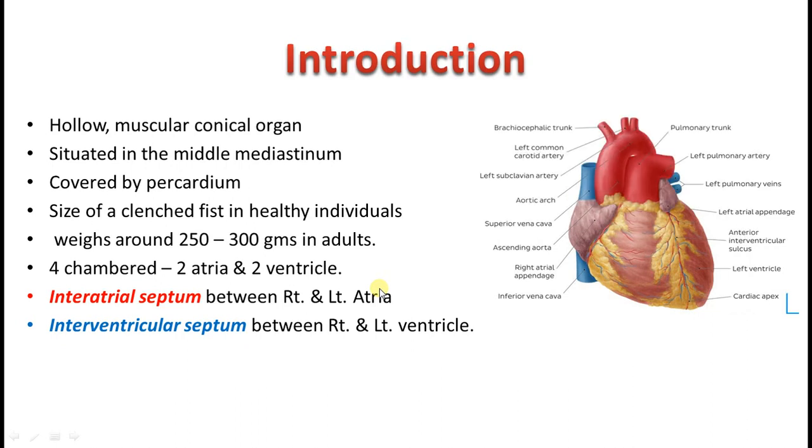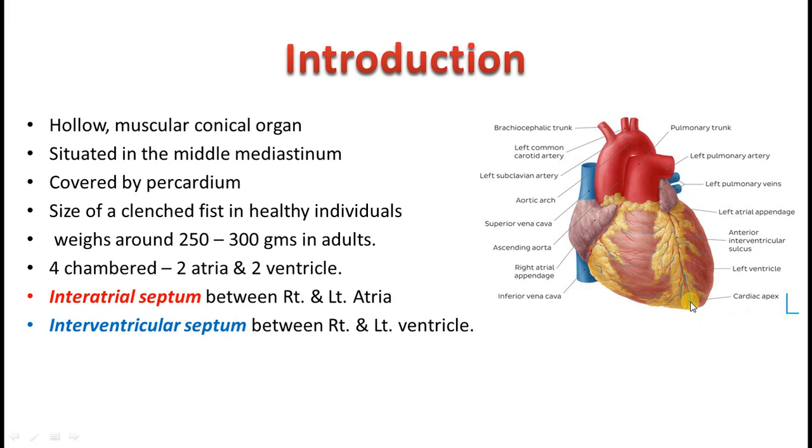Okay. So as I told you, the interatrial septum is between the two atria. Anteriorly, it is not possible to locate this interatrial groove externally. The representation of the septum externally is the groove. The interventricular septum is represented by the groove anteriorly.